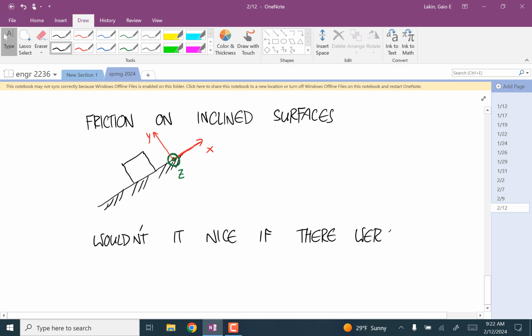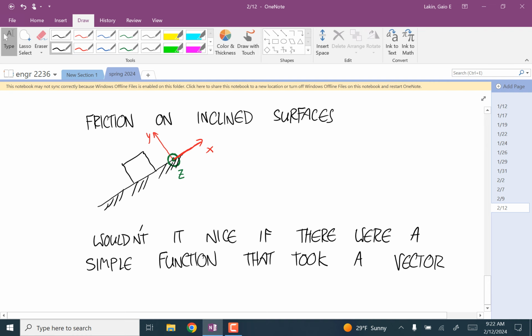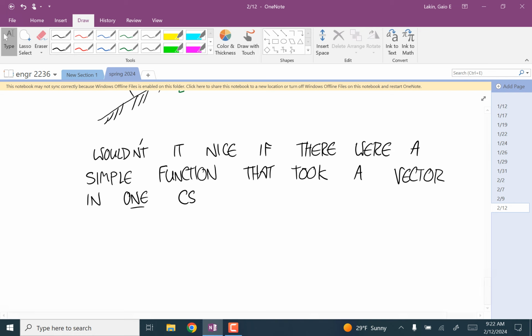there were just a simple function that took a vector in one coordinate system and re-expressed it in another coordinate system.